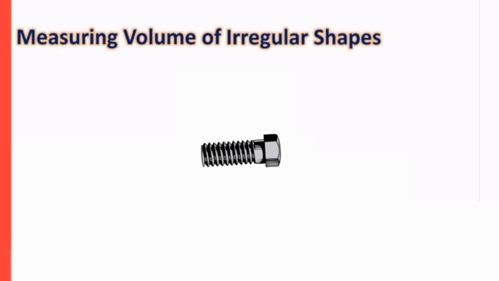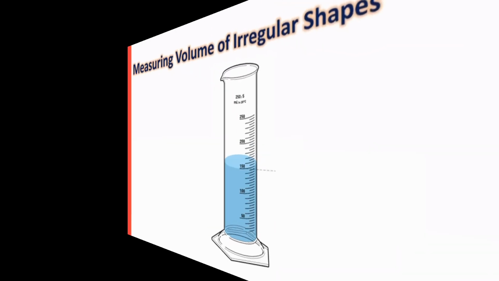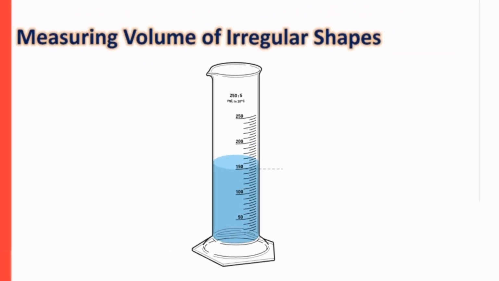Next, we will discuss how to measure the volume of irregular shapes which don't have simple dimensions like length, width, or height. For these shapes, we use the displacement method. At first, fill a measuring cylinder with enough water to submerge the object.